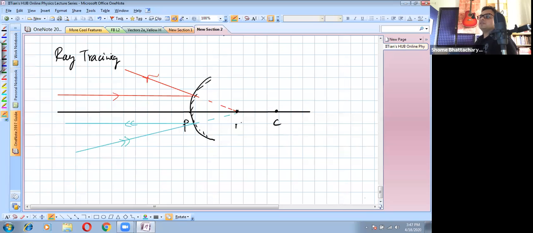Then the third type of ray that we are talking about is the ray which is this one, through the center of curvature. Okay. So if we now consider a ray which is something like this, don't worry about the fact that it appears to be passing through that other ray. Doesn't really matter. I'm just focusing on this one right now.